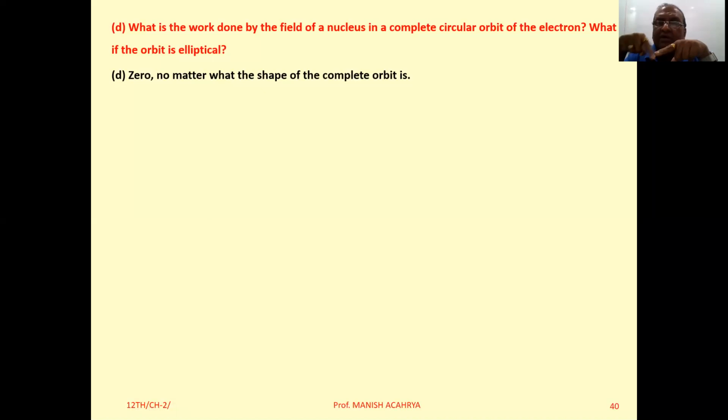So in a circular orbit or elliptical orbit, when the electron completes the revolution, the initial and final position are the same. So the potential difference between these two positions will be zero. So work done is equal to zero.